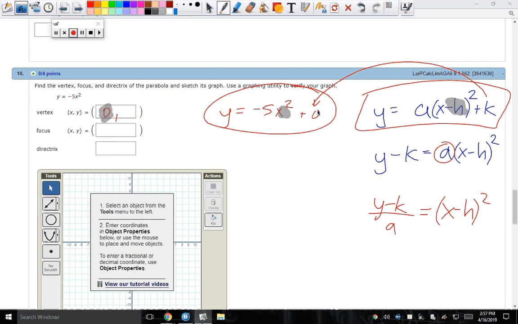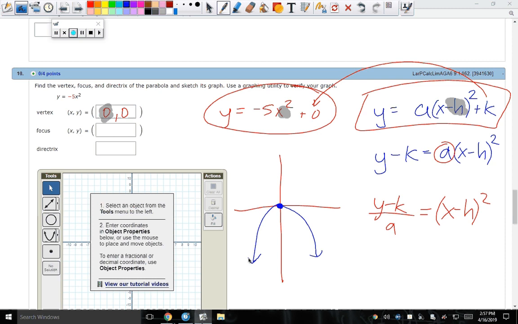So it's like plus 0. So 0, 0 is your vertex. It's a -5x squared. Which direction is it looking? Down. It's down because it's y equals x squared. If it was x equals y squared, then it would look left.